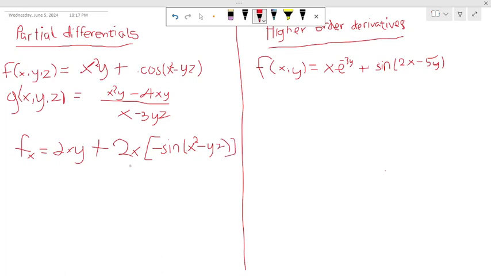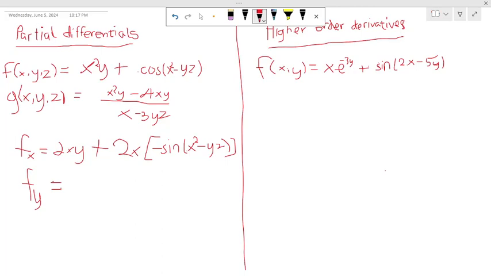So now we are going to apply the same idea in the partial derivative with respect to y. With respect to y, we are going to treat each variable which is not y as a constant, so our x squared here is going to be treated as a constant.